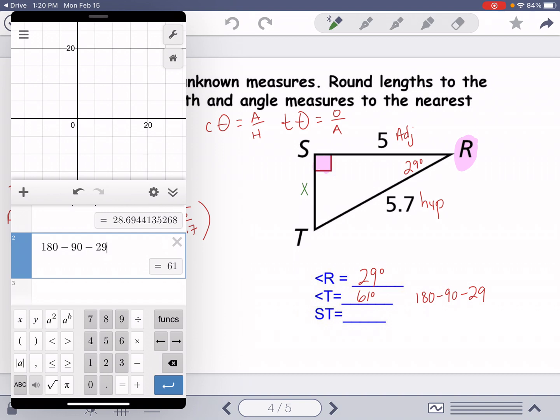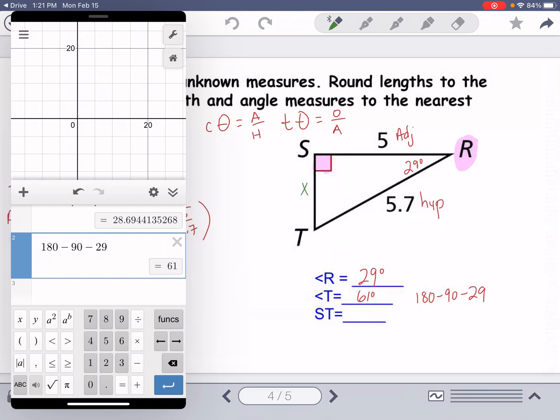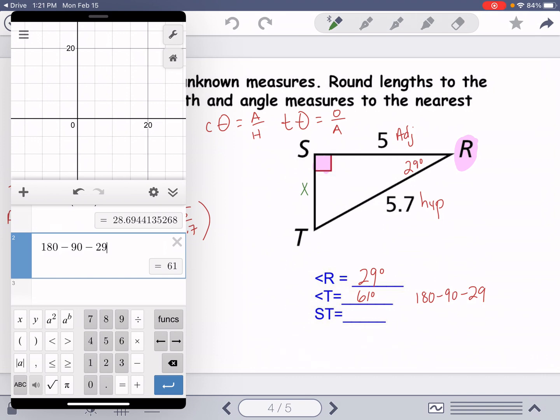In this problem, I have to find ST. I have theta is 29, the adjacent is 5, the hypotenuse is 5.7, and the opposite is X. That's the opposite side because it's across from the 29.